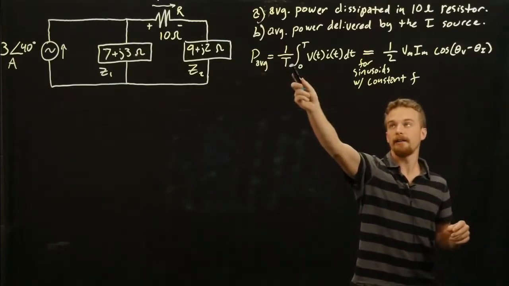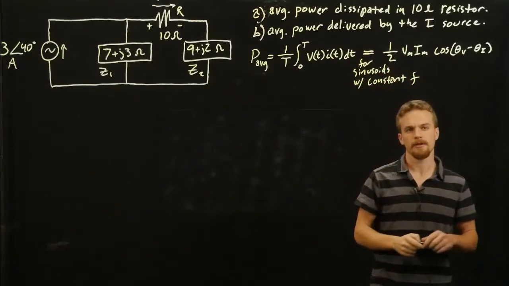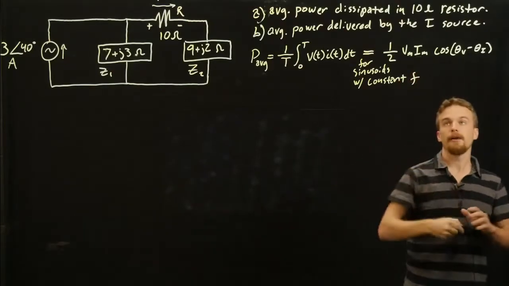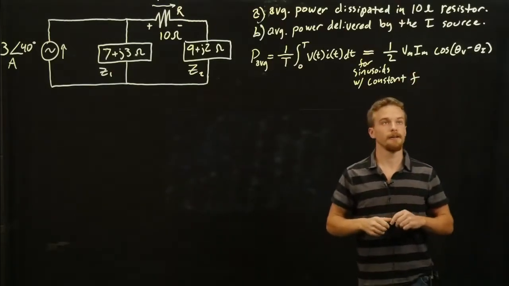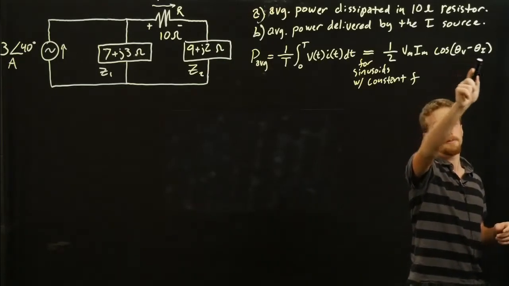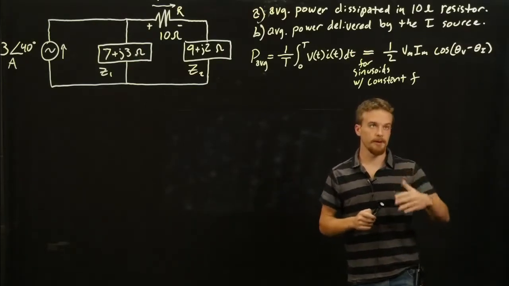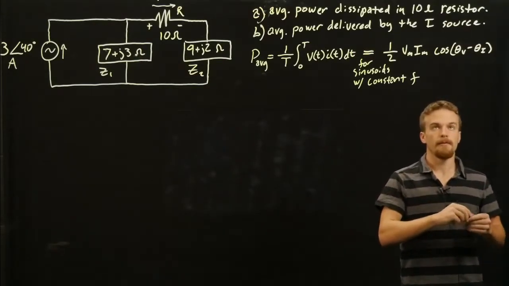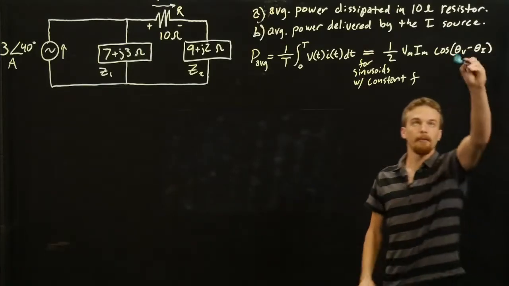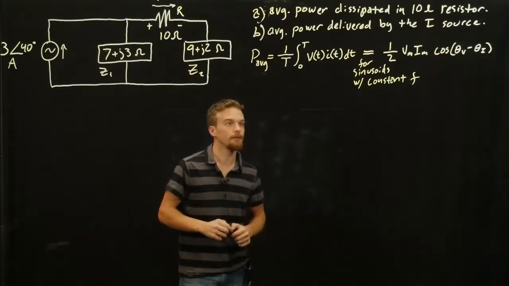We get 1/2 Vm, the maximum value of the oscillating voltage, times Im, the maximum value of the oscillating current, times cosine of the phase of the voltage minus the phase of the current. So if the phase angle of the voltage is a little more than the phase angle of the current, we'll have a positive term in there. We'll see that when we do the problem.